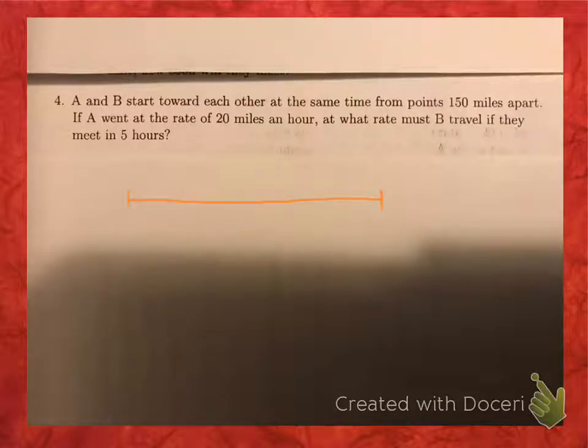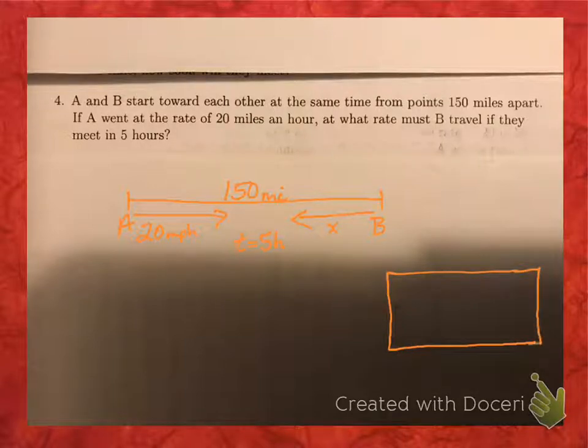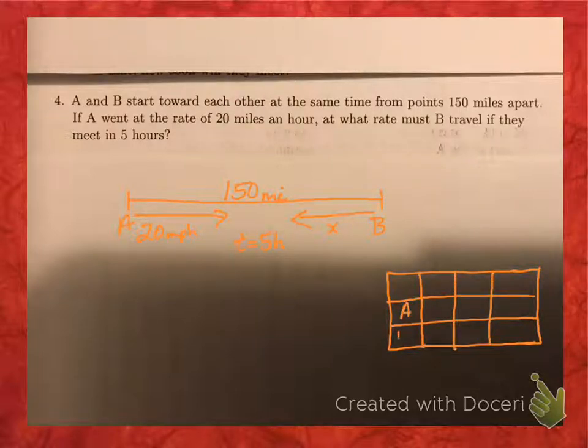Number 4. These guys are 150 miles apart. One went at a rate of 20 miles an hour. One we don't know. And they traveled for 5 hours. Make our chart. A and B, rate, time, and distance. 20 miles an hour for the first.